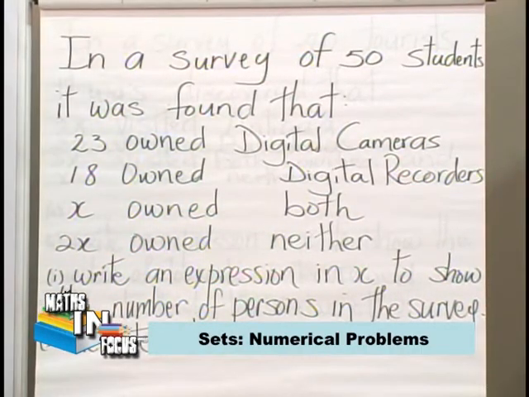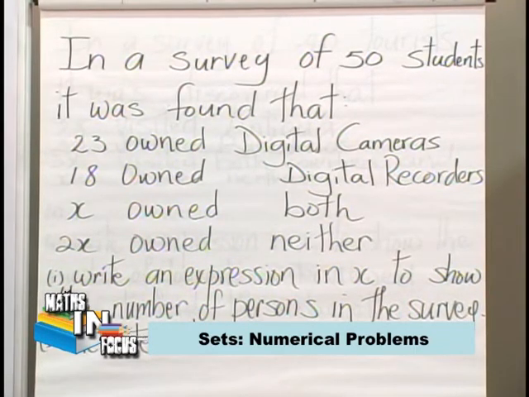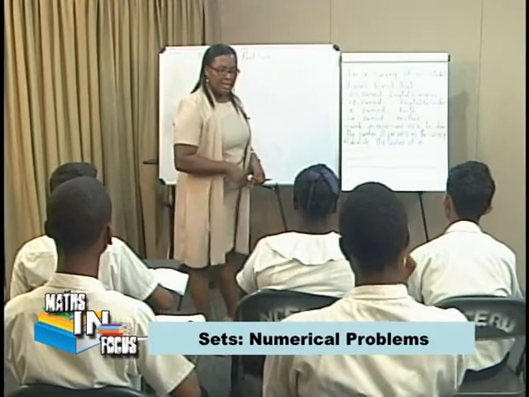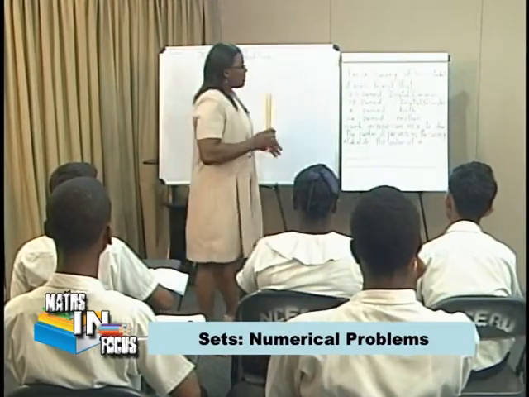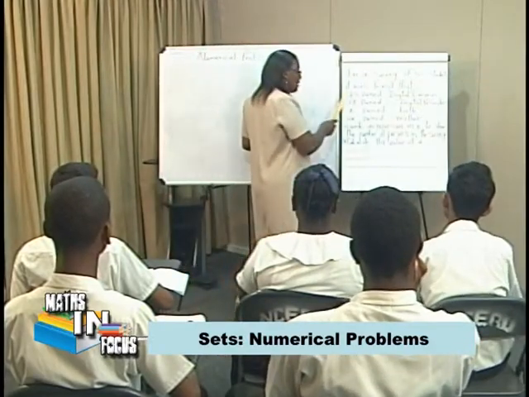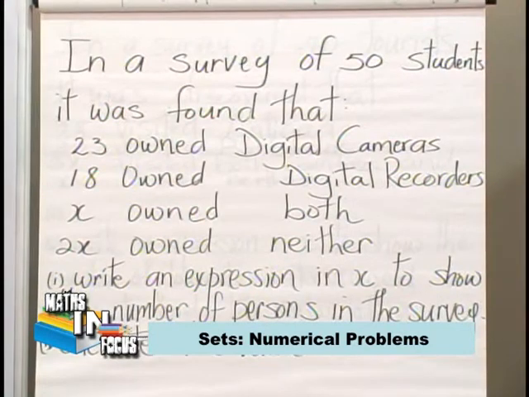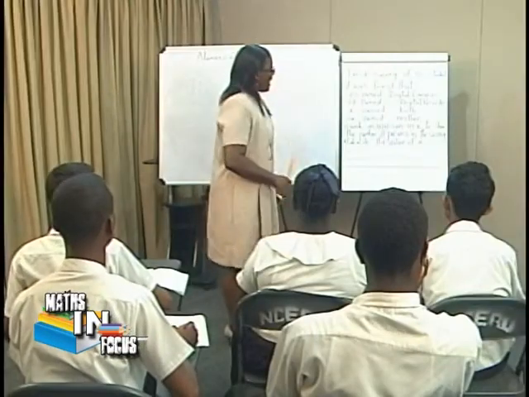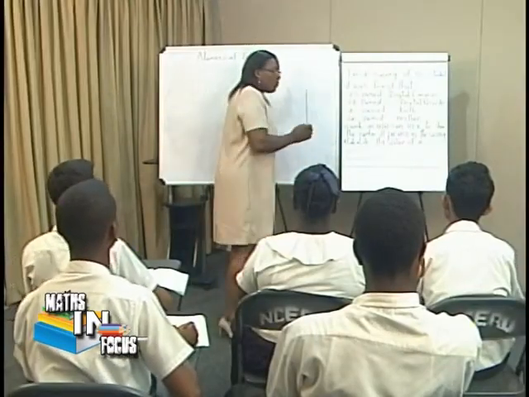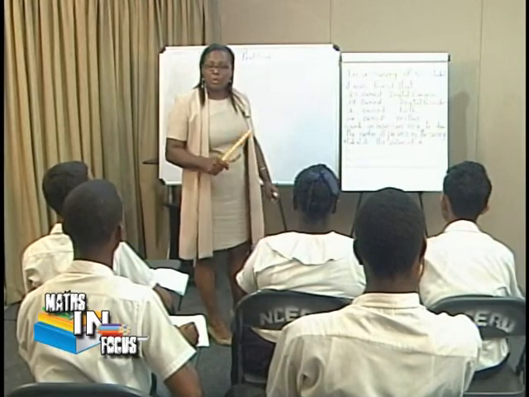So imagine somebody walks into your school, a pollster, and they conduct a survey. They select 50 students and they collect, that's a sample. From that sample, they found that 23 students own digital cameras. 18 students own digital recorders. And X own both, while 2X own neither.